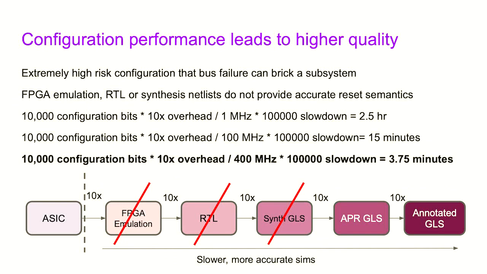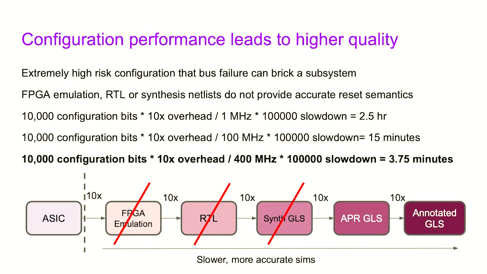I touched on this a little bit, but one thing that happens in ASIC simulation is that it's very slow to simulate your annotated gate level simulations before you tape out your chip. The problem is that there are ways to abstract this configuration process, but this is really the most mission critical thing in your chip. So you want to have as high detail simulation as possible.